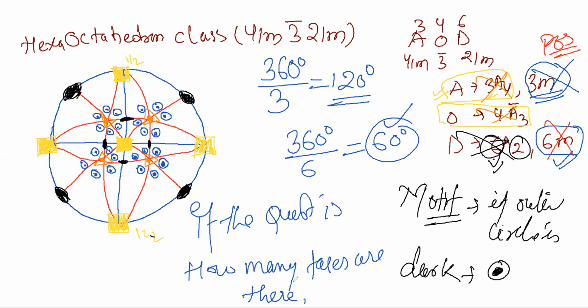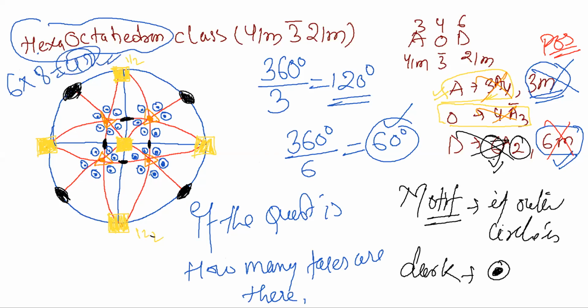If the question is how many faces are there in this class, we have to calculate that, and the name is not given. If the name is given, hexaoctahedron, 6 multiplied by 8, which is equal to 48. That's quite clear. But if it's not so, we have to count the motifs.